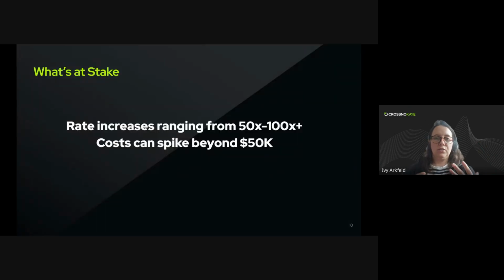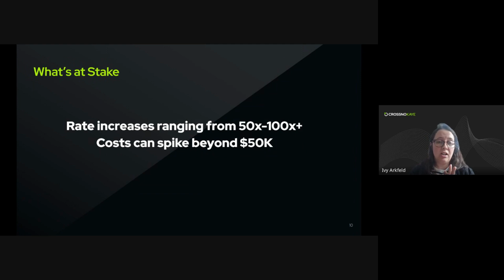So just to give you some context around how expensive this can be and what the risk is, rates can increase from 50x to 100x plus. We've seen this actually play out for market rate facilities. So that's a lot of rate increases during a pretty short period of time, which if you don't avoid using energy during that period, you can be hit with a very large bill.